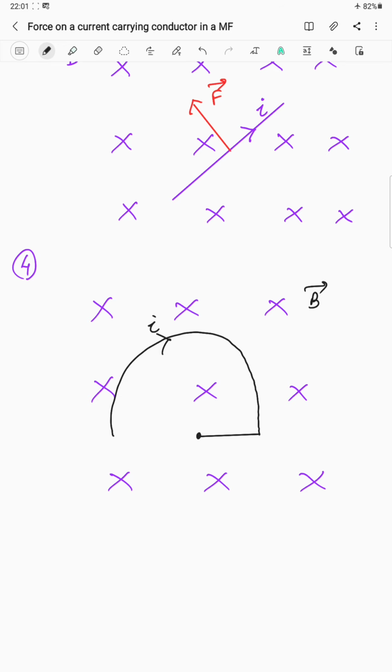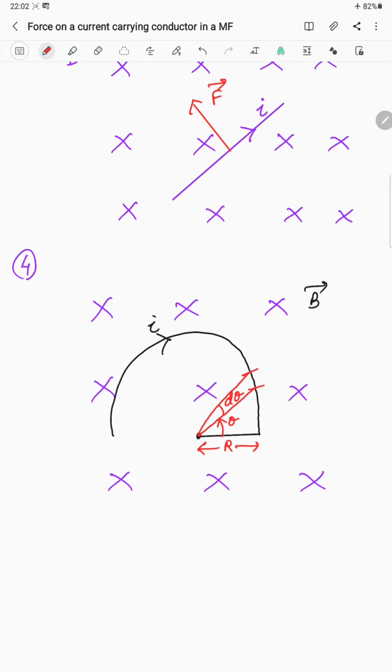For that, we will take a very small current carrying element. Let us consider this as the current carrying element dl. This dl will subtend an angle d theta at the center, and it is situated at an angle of theta from the base, and this is your r, the radius of the semicircle.